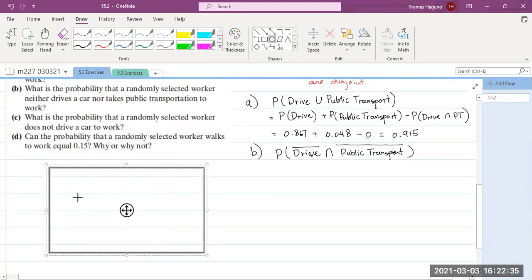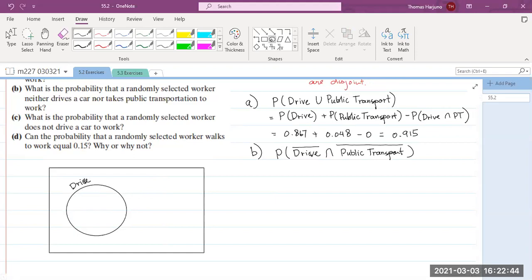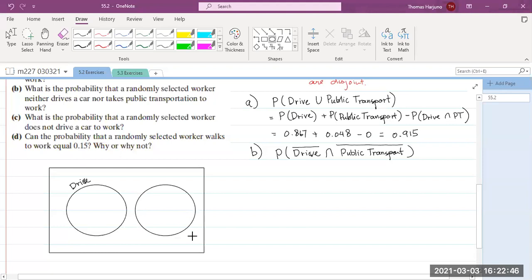So, driving alone, and then public transport. And they are disjoint, right? We say they are disjoint.